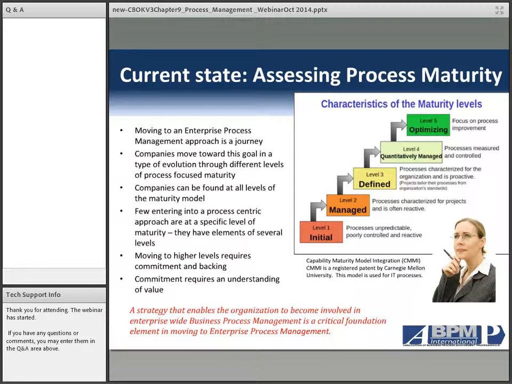What we see in companies as they start to move into process management and start assessing their process maturity is that they'll have different aspects of the operation at different levels in the maturity model. So you shouldn't expect to say, oh, geez, you're at level 1 or you're at level 2 or whatever. You'll have some aspects at level 1, level 2, some at maybe even level 3.